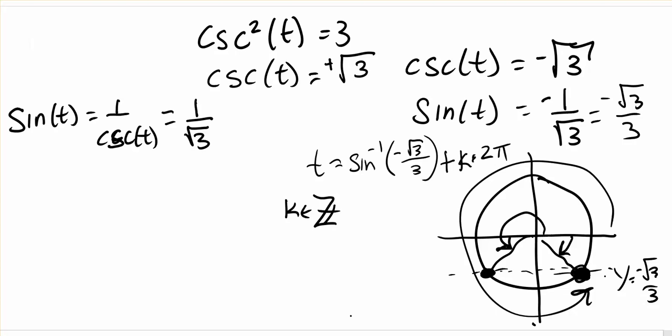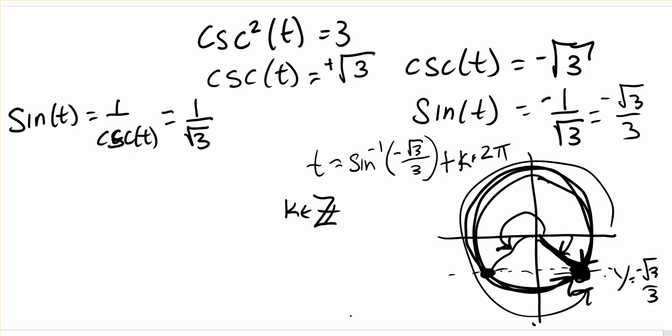If k was 0, we'd just get this initial value right here. If k were 1, we'd get all the way around and 2 pi plus that initial value. If k was negative 1, we'd go around clockwise and get the inverse sine of the root 3 over 3 minus 2 pi, and so on.